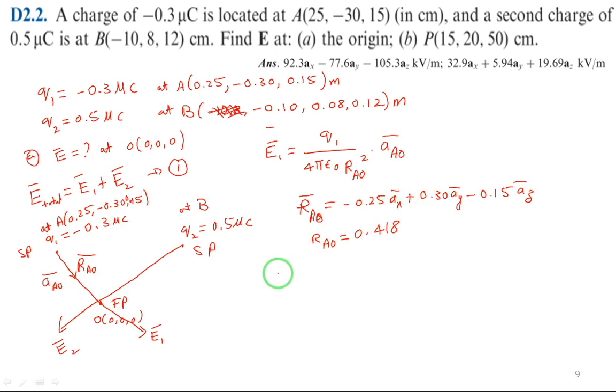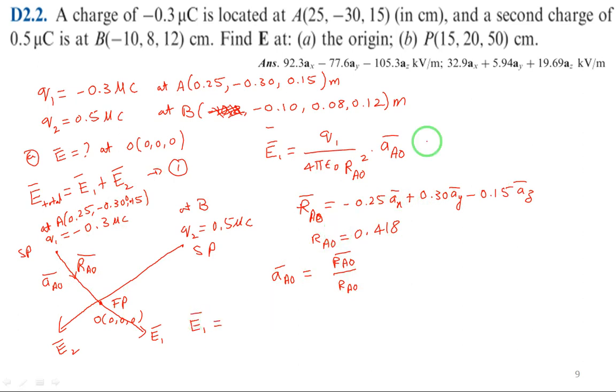Then AAO. What is AAO? AAO is the vector RAO divided by its magnitude. So the vector RAO divided by its magnitude, the magnitude is RAO. Is it fine? So first we will find out E1 fully, then we will think of E2.